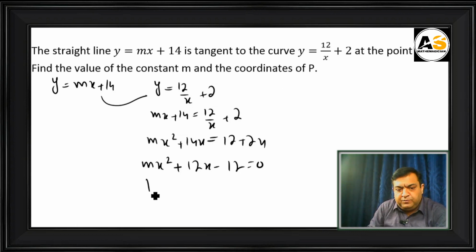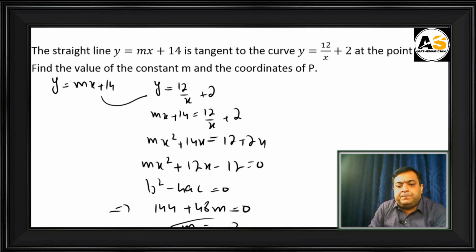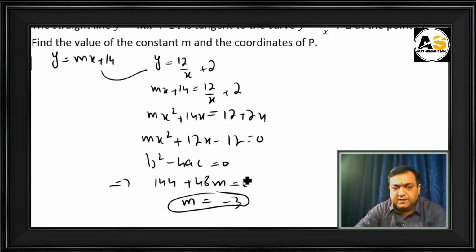For the line to be tangent, b squared minus 4ac is 0, which implies 144 plus 48m is equal to 0, which implies m is equal to minus 3. This is the first result.